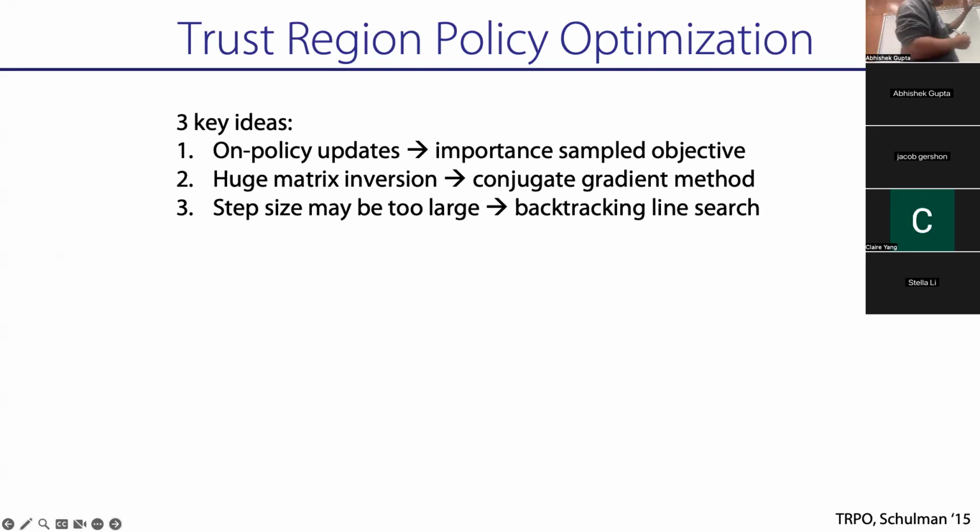You can think of TRPO as natural policy gradient. So we start with policy gradient. The big change from policy gradient to natural policy gradient is just saying you want to constrain the functional distance. To go from natural policy gradient to TRPO, we're just going to make three changes. We're going to go from on policy updates to importance sampled updates. We're going to avoid matrix inversion by doing this iterative optimization, and we're going to do backtracking line search to set the step size.